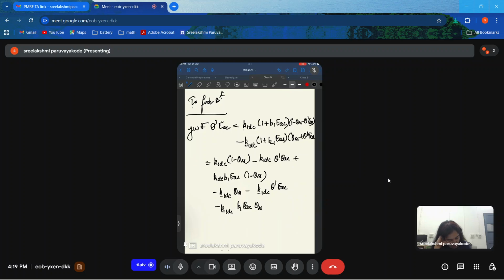Now let's get rid of all those terms which are constants. This goes, this one goes, right? So now, which all terms do we have? Let us write that down: K1 dc theta dash EAC plus K1 dc B1 EAC 1 minus theta SS minus K minus 1 dc theta dash EAC minus K minus 1 dc B1 EAC theta SS.